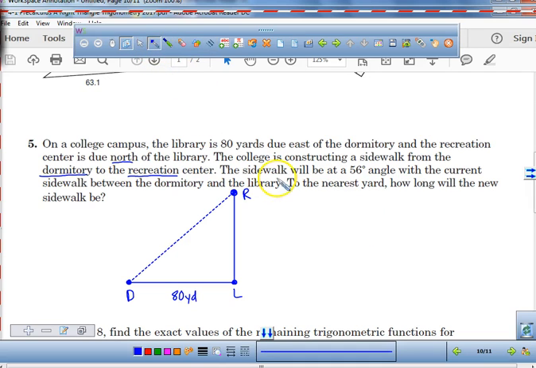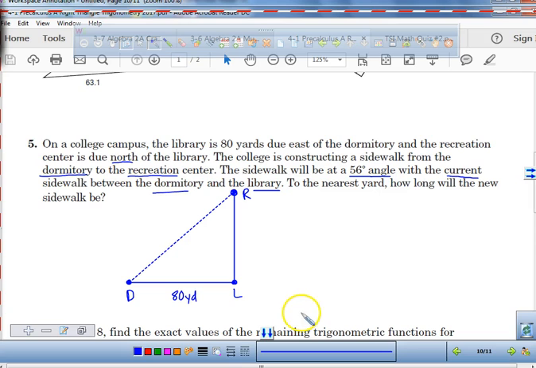All right. Now the sidewalk will be at a 56-degree angle with the current what? With the current sidewalk between the dormitory and the library. Well, where is the dormitory and the library? That's this guy right here. So what's the measure of this angle have to be? 56. And put 56. Guess what I just found?